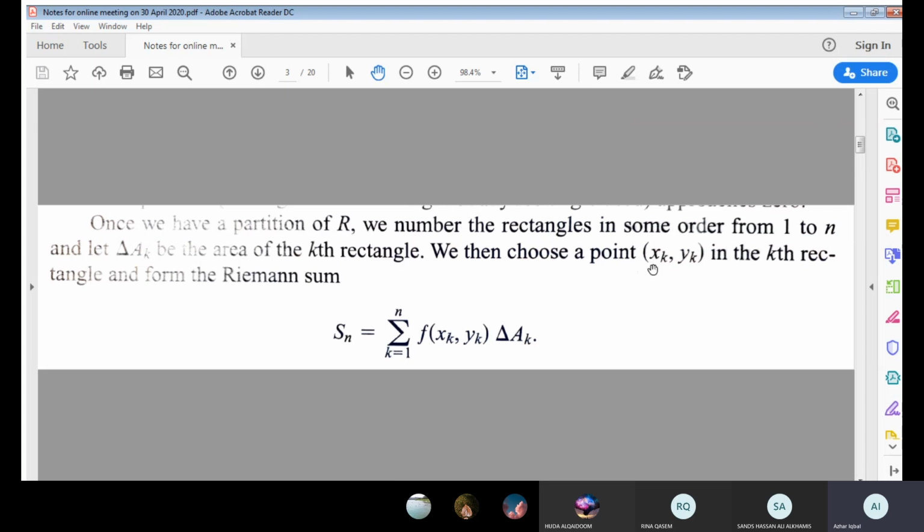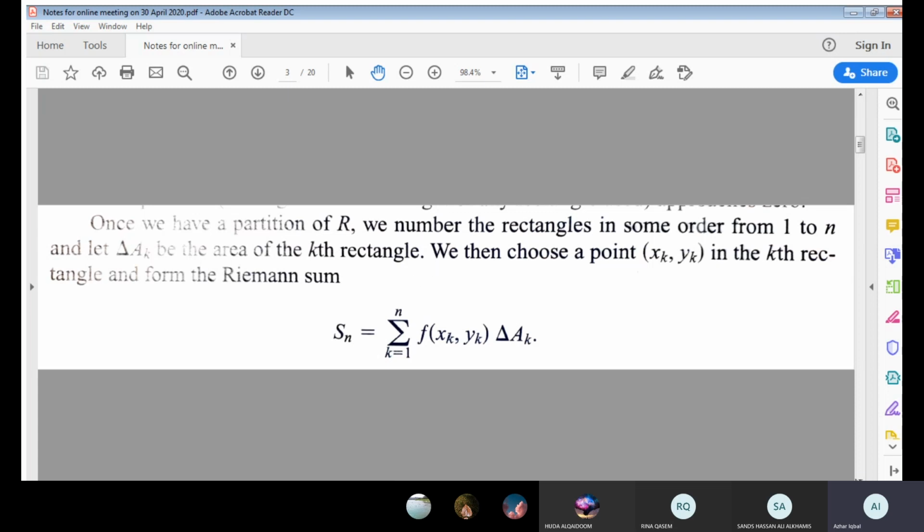So what we do is number the rectangles of the partition which we have introduced. We number these rectangles in some order from 1 to n, and let delta A_k be the area of the kth rectangle. So we are numbering those small rectangles from 1 to n, and calling delta A_k the area of the kth rectangle.